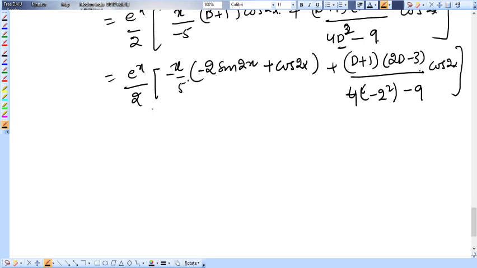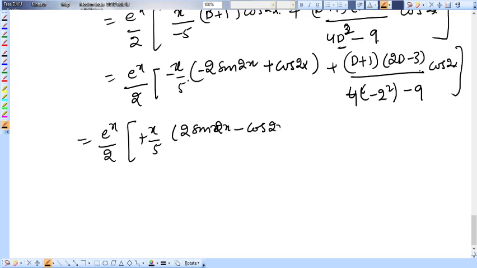Then it would become exponential x divided by 2 minus x by 5. Okay, if I take it inside, we would be having 2 sin 2x minus cos 2x, right, plus, so it would be minus 16 minus 9, so it is 125 in negative, right?